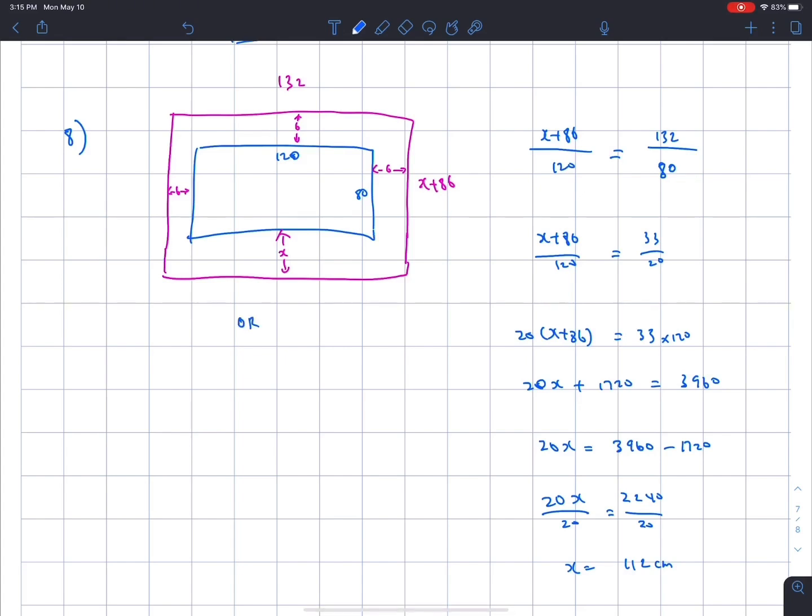I'm going to try the other way as well. So the other way is x plus 86, that's the height of the picture frame, divided by the height of the picture, equals 132, which is the width of the frame, divided by the width of the picture. So x plus 86 over 80 equals, so again, I'm just going to simplify the fraction first. I should get 11 over 10. And then I cross multiply.